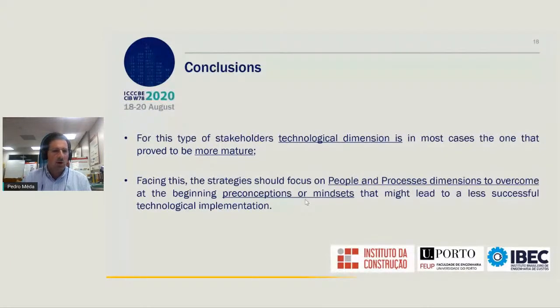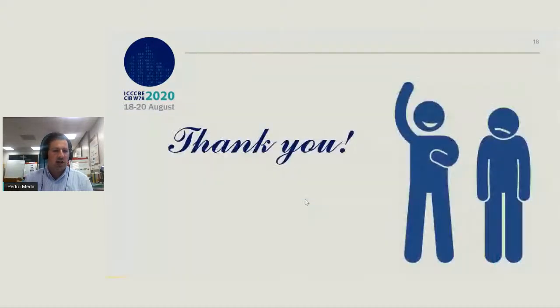With this knowledge, we can go through a streamlined implementation process, and using this type of approach, people, processes, and technology, we can understand what must be pushed at each type of stakeholder. So, thank you very much.